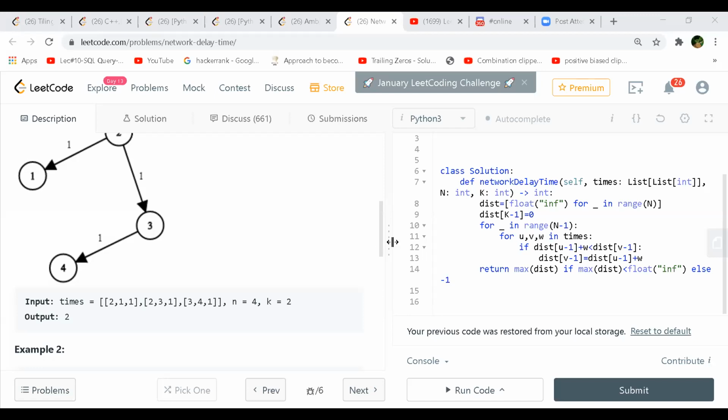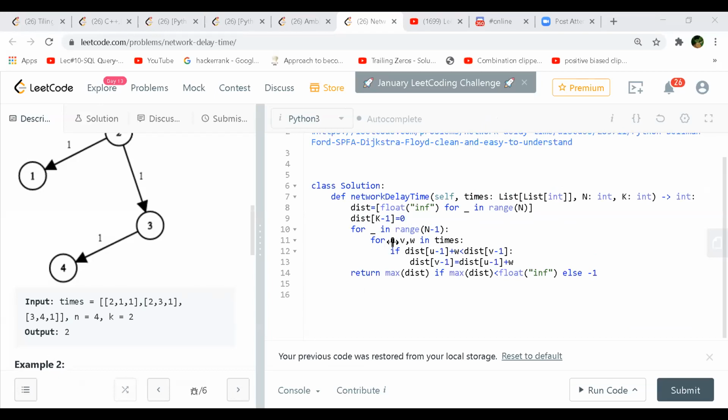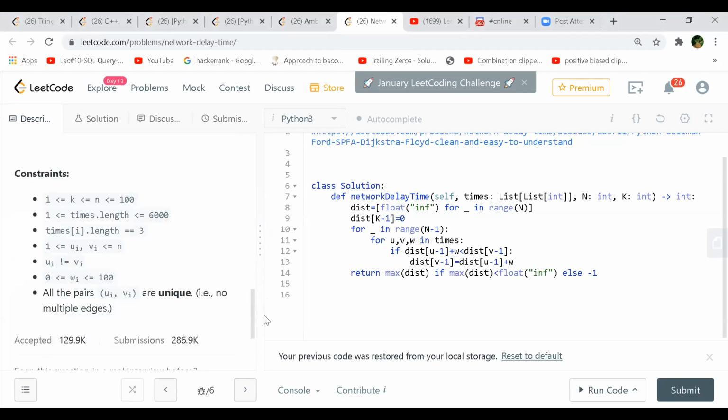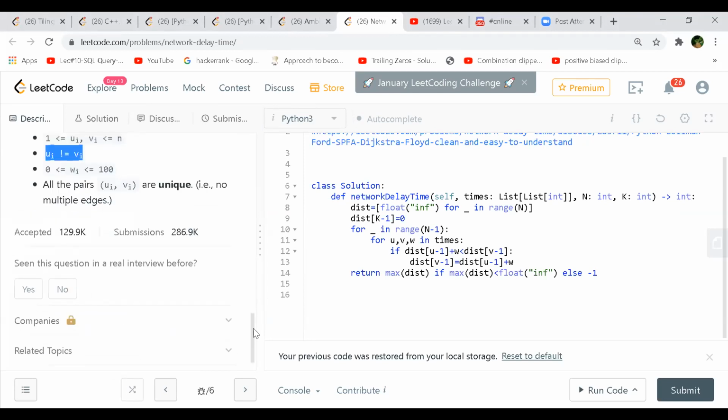So I think Dijkstra works perfectly, but even the solution, the hints and the related topics talk about DFS. If you go down and look at the related topics here, maybe I didn't try it, but there might be a way to go the DFS way and just find out the maximum path.